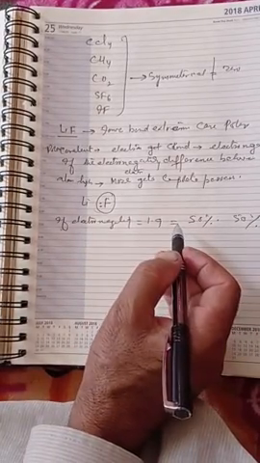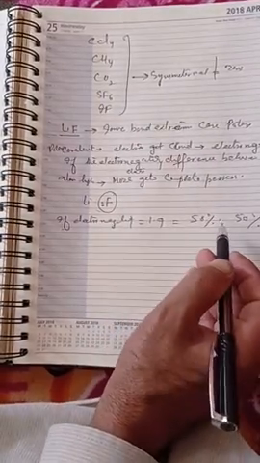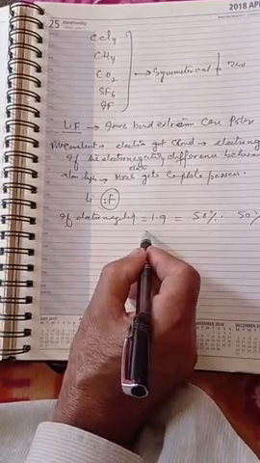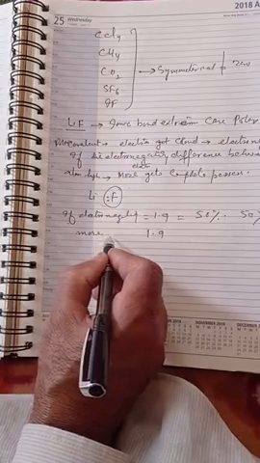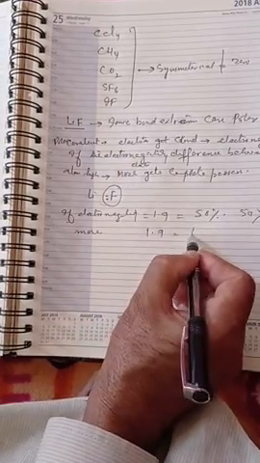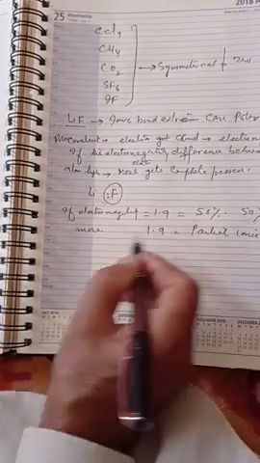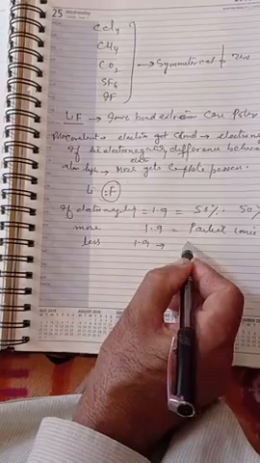If the electronegativity difference between the two atoms is 1.9, the bond is said to be 50% ionic and 50% covalent. If the electronegativity difference is more than 1.9, then there is a partial ionic character in the bond. If it is less than 1.9, we say that it is a covalent bond.